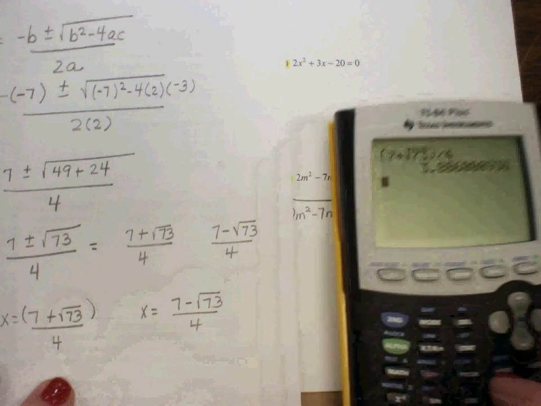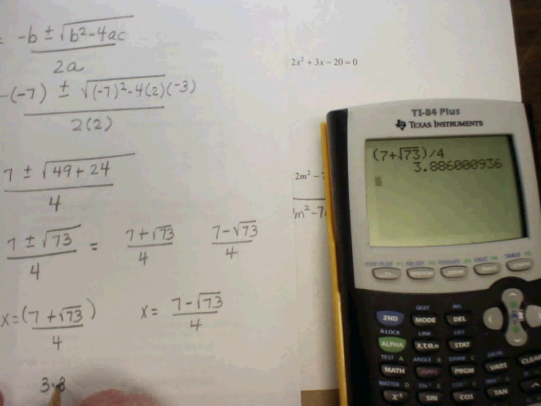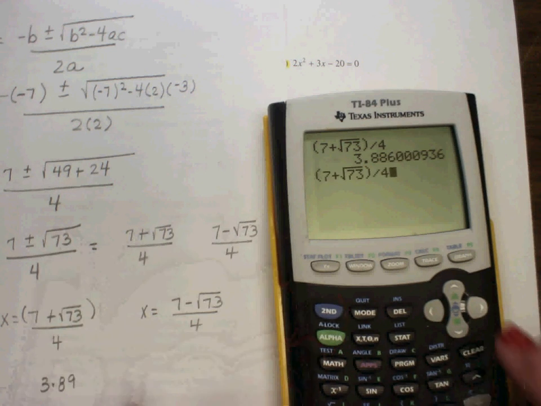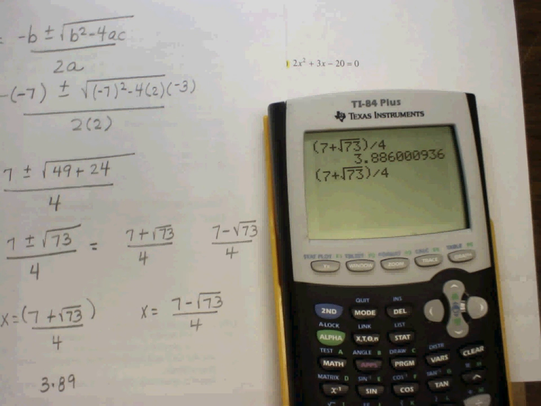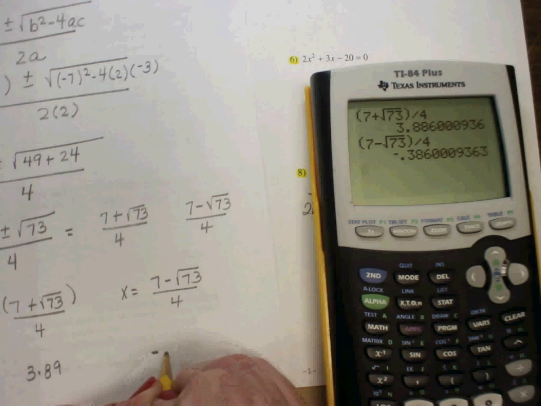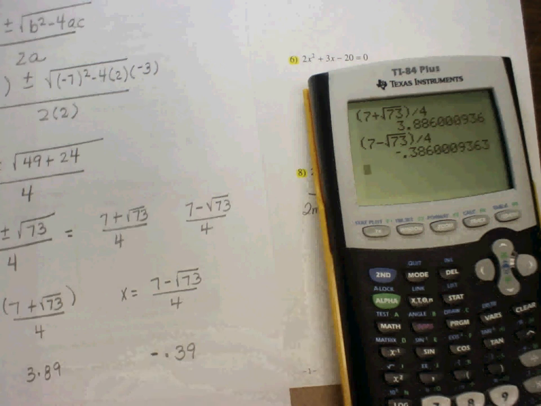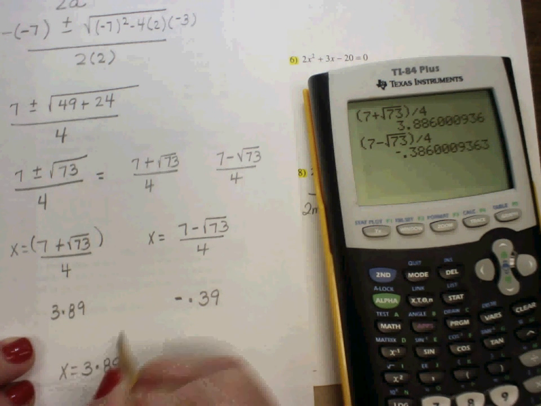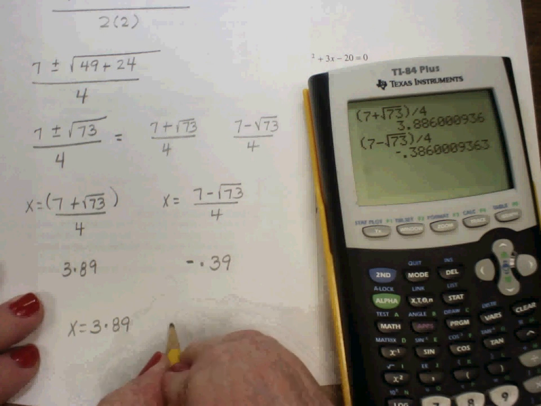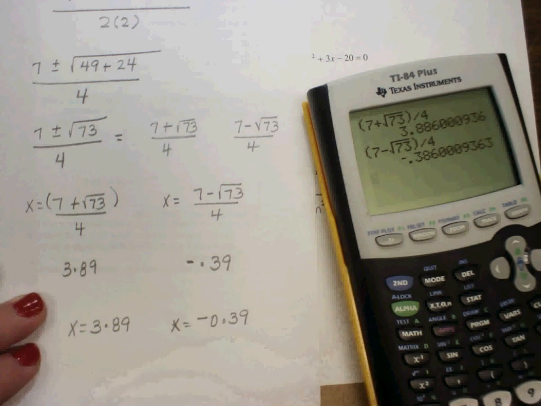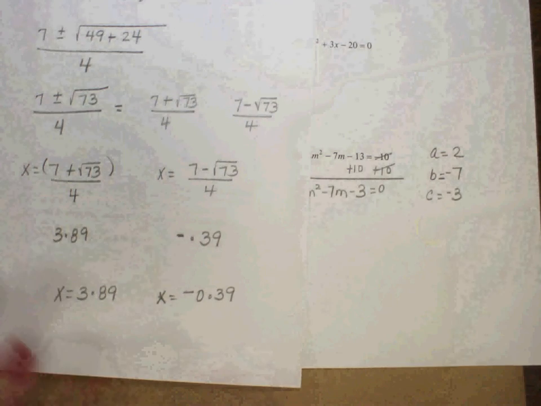And you can round that off to 3.89. And then I'm going to do the same, but instead of a plus, it's going to be a minus. And that would be negative 0.39. So my x's are 3.89, and negative 0.39.